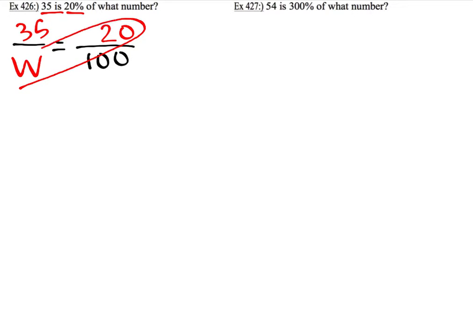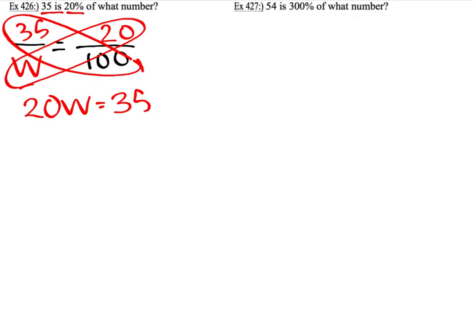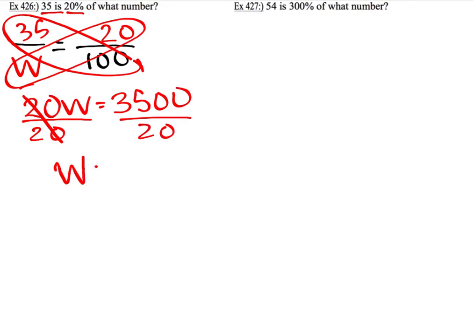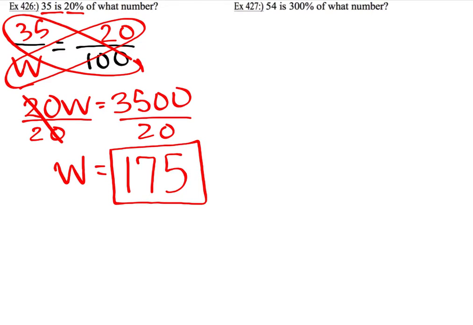Cross products, 20 times W equals 3,500. We can go ahead and divide both sides by 20. And this gives W equals 3,500 divided by 20, which is 175. So the number is 175.